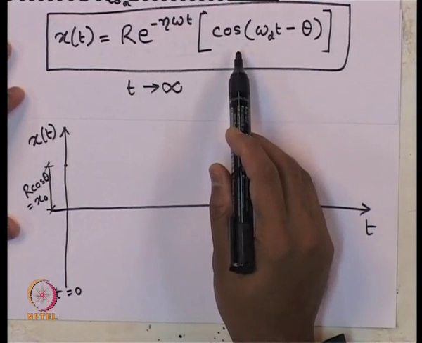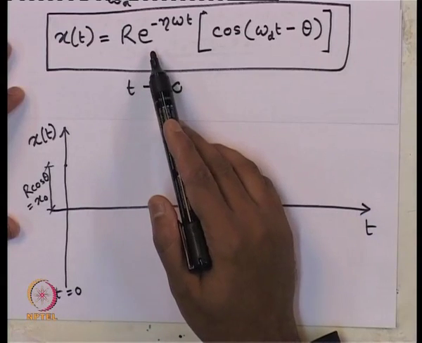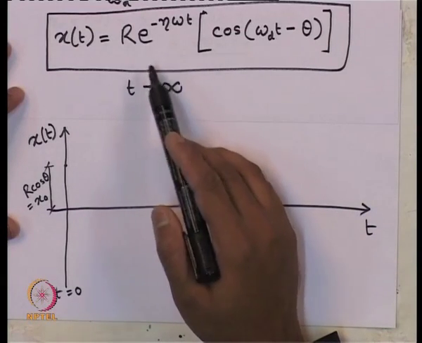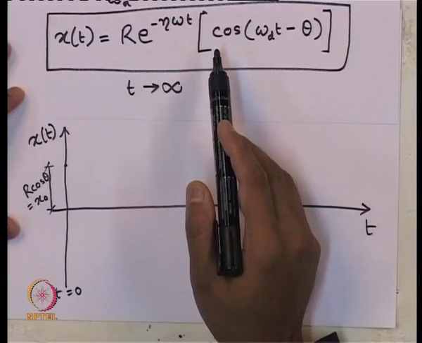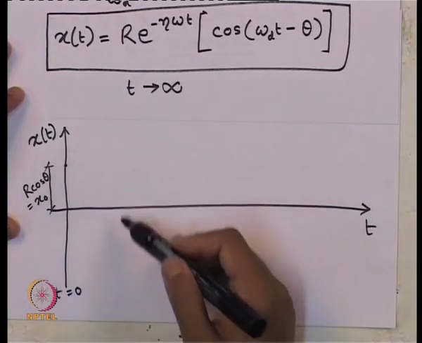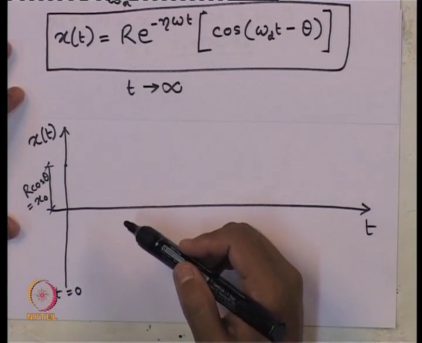It is a harmonic function, a cosine function, combined with an exponential decay function. The variation will be like the first case, the undamped case.